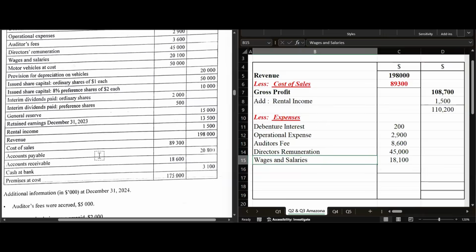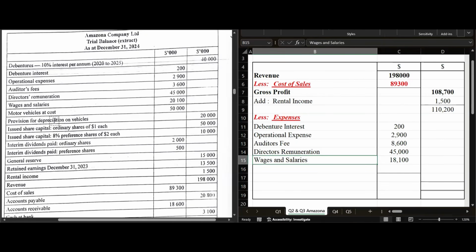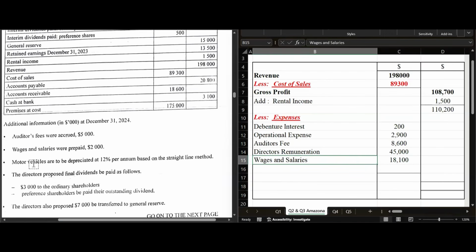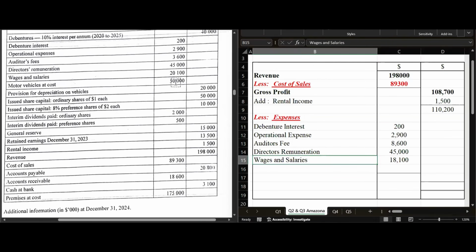Now lastly, our final expense for Amazonia company would be our depreciation. Now we did get a note below that motor vehicles are to be depreciated at a rate of 12% per annum based on a straight line method. Alright, straight line method, let's work it out. Straight line method is simply the cost of 50,000, subtract the existing provision of 20,000 to give us a value of 30,000.